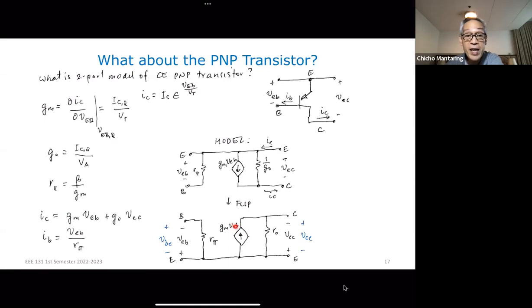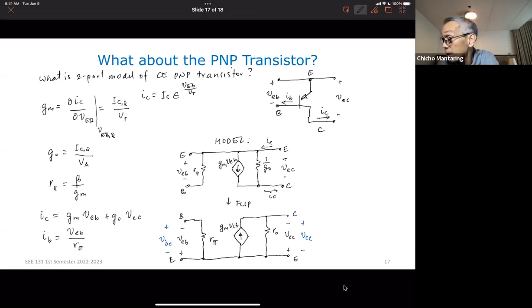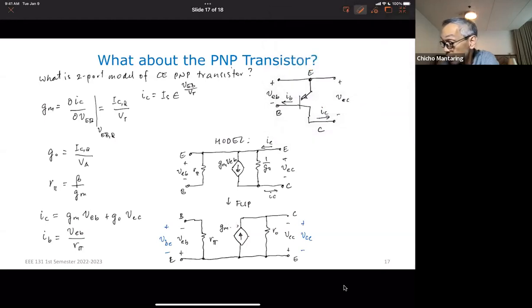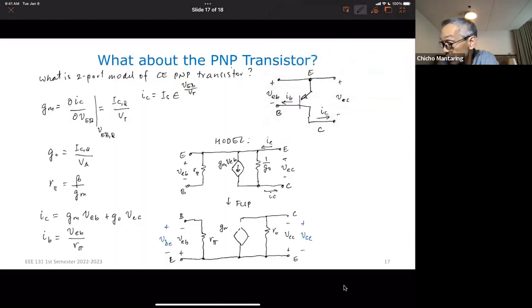If I make this VBE, then the direction of the current will be pointing down. So let me do that. Oh, sorry. This one, I make this VBE, and now I can change the direction of the current so that it is going down.